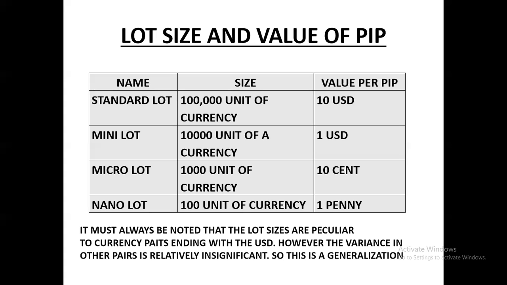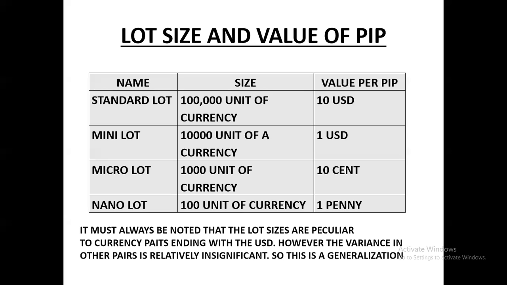And the value per PIP in a standard lot is $10. If I'm working on a mini lot, I'll be holding 10,000 units of currency, which is equivalent to $1 in value. If I'm trading on a micro lot, I'm controlling 1,000 units of currency, which is equivalent to 10 cents.